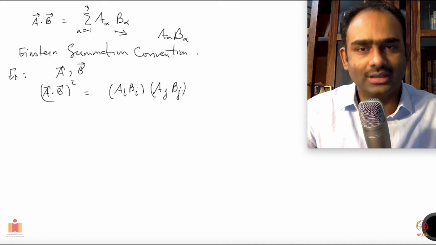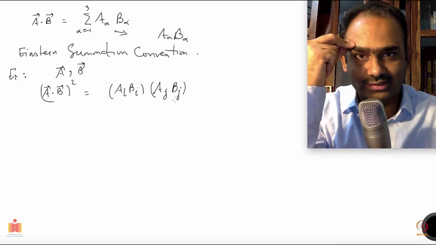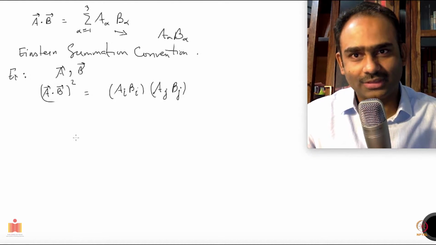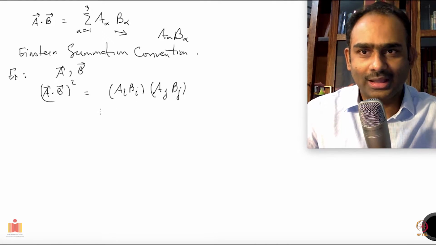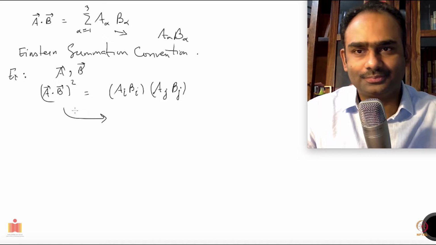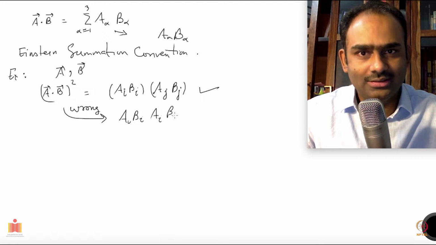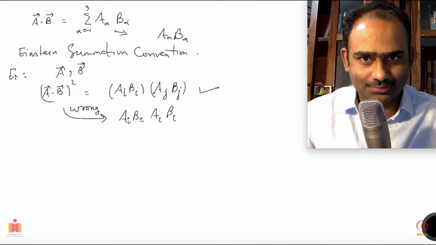Now you see, I have not written AI BI again, I have written AJ BJ. And what you have to do is convince yourself that it would be disastrous to use again the index I. Meaning, if instead of writing this you had written AIBI, you get a wrong answer, and it's obvious, but I will leave it to you to figure it out.